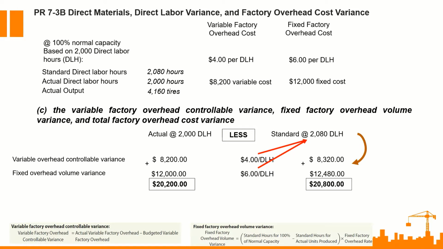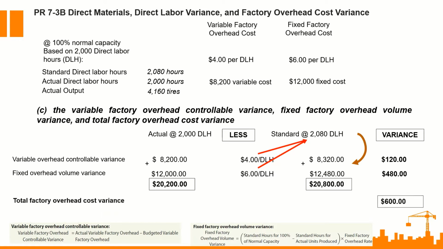So when we compute the difference, we will get $120 for variable overhead controllable variance and $480 for fixed overhead volume variance. Now, are these favorable or unfavorable? Well, note that the actual cost is lower than the standard cost. So in essence, it is favorable. So our total factory overhead cost variance is now $600 favorable.